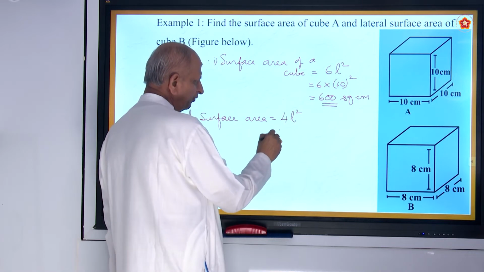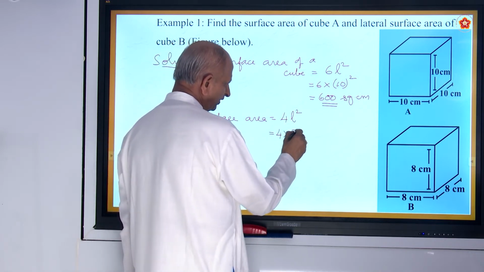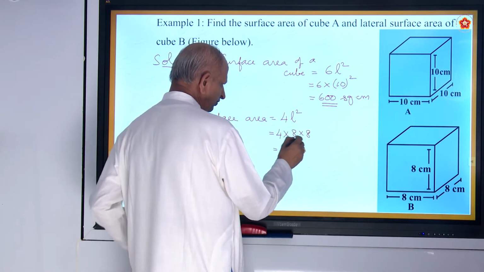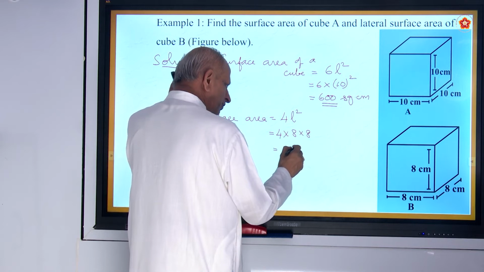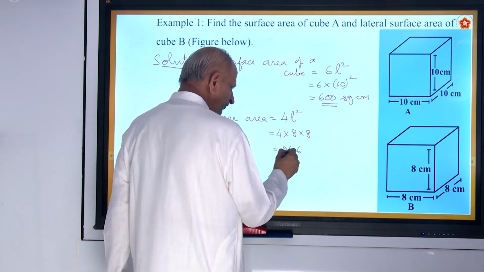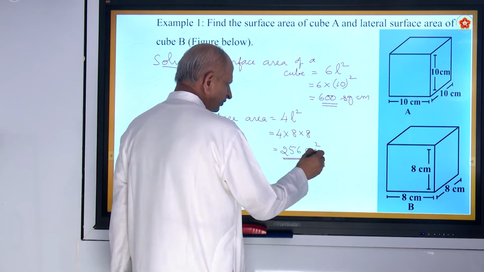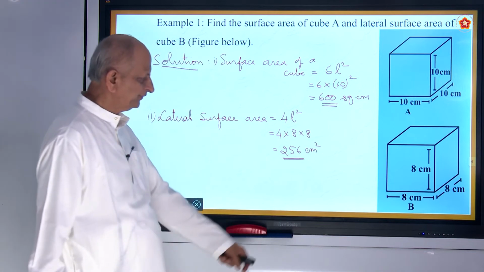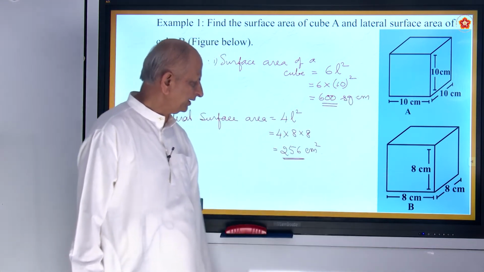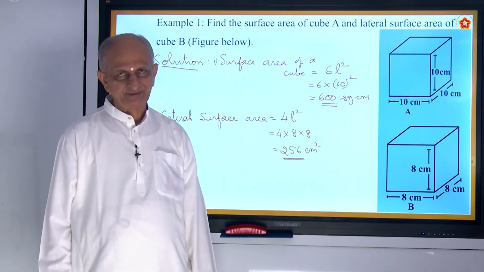So area becomes 4L square. 4 into 8 into 8, 8 square, 64 into 4, 256. So much of centimeter square. So in the first figure 600 square centimeters, second one lateral surface area is equal to 256.